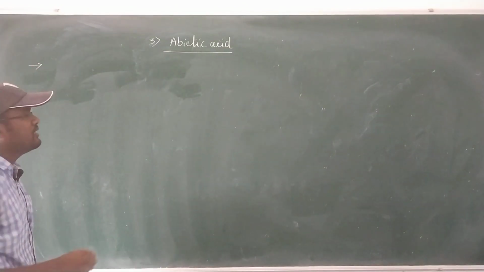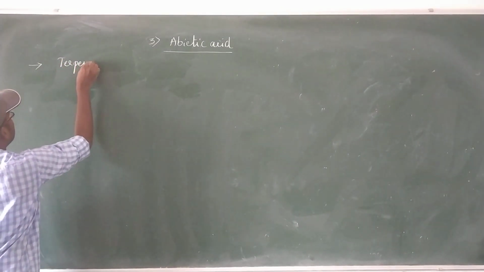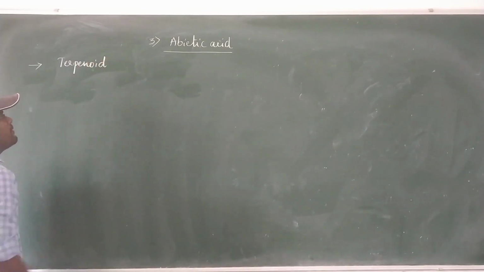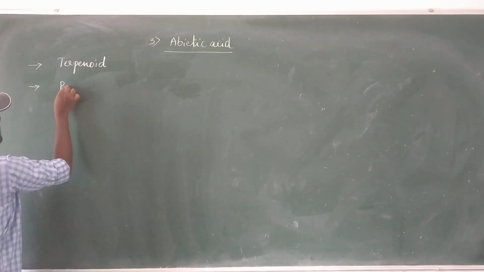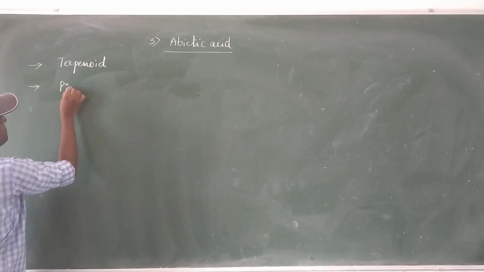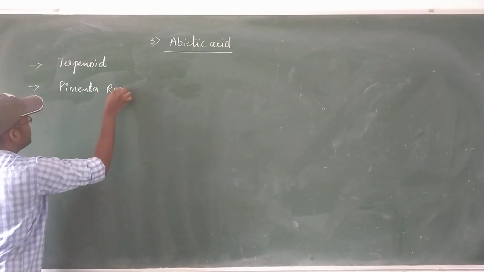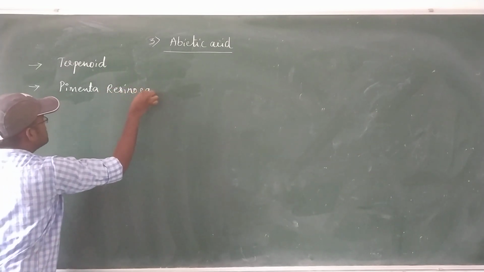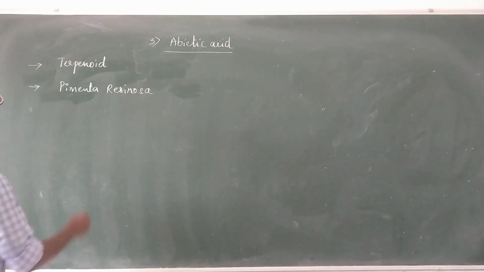Abietic acid is a terpenoid. It is isolated from the Pimenta resinosa plant.